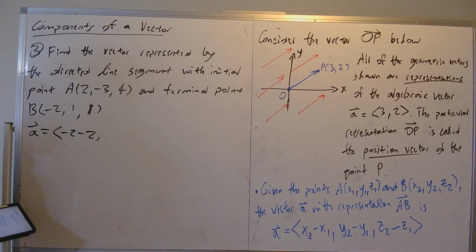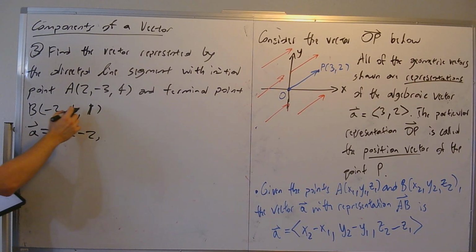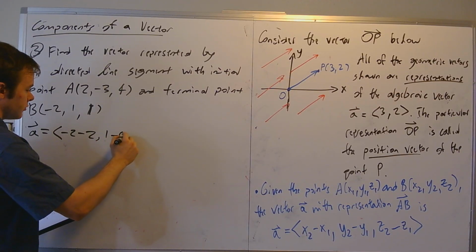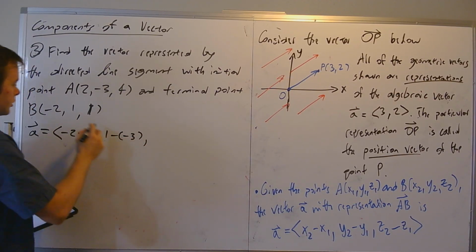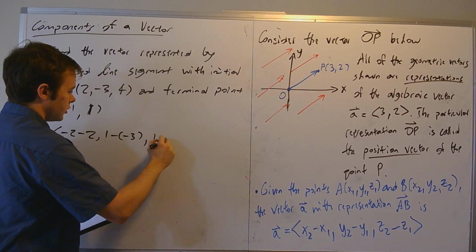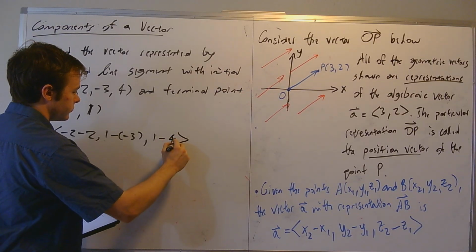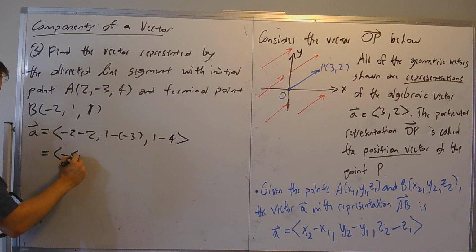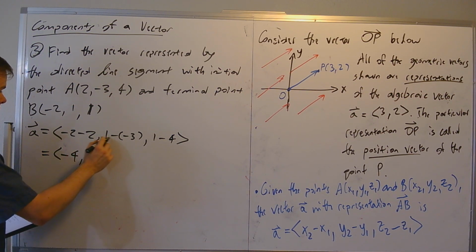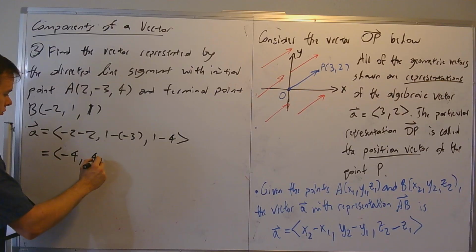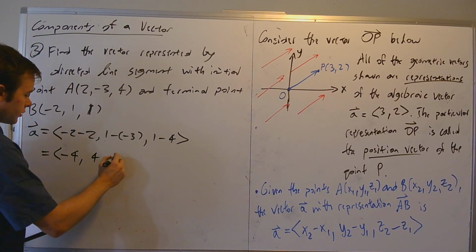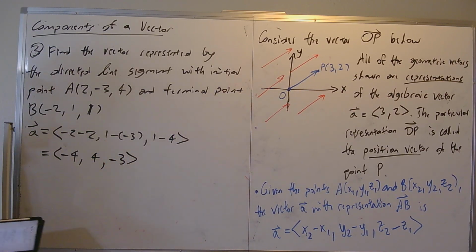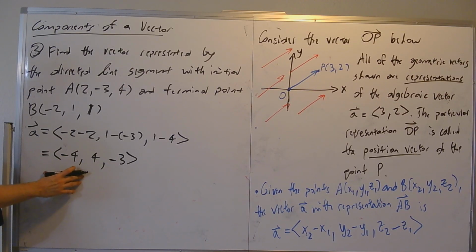And we do the same thing for the y and z values. So we're going to take 1 minus negative 3. And here we're going to have 1 minus 4. Okay, so we just got to compute what this is. This is going to be negative 4, and then minus negative 3, that turns into positive 4, and this would be negative 3. All right, so this is going to be our representation of the vector between A and B.